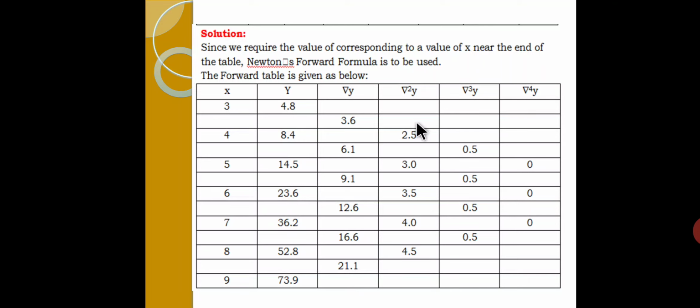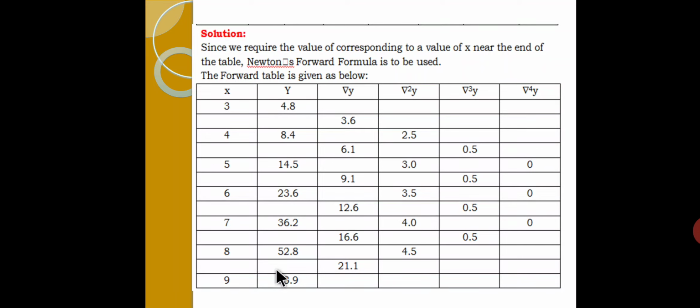The second differences are 2.5, 3.05, 3.5, 4.0, 4.5, and the third differences are 0.5, 0.5, 0.5, 0.5. In this column all the values are the same, so the next difference will be 0.